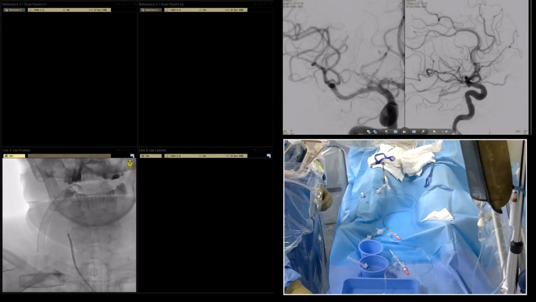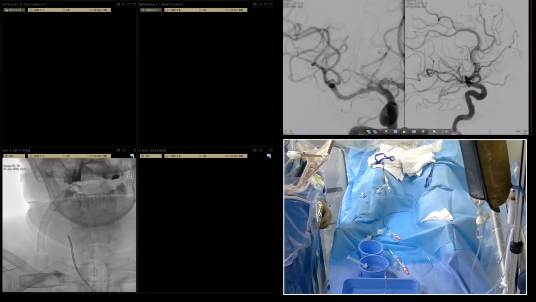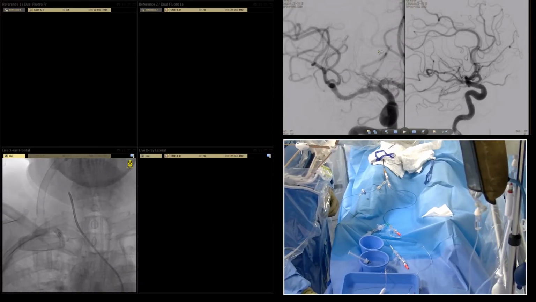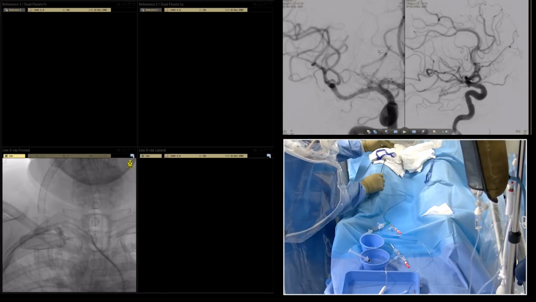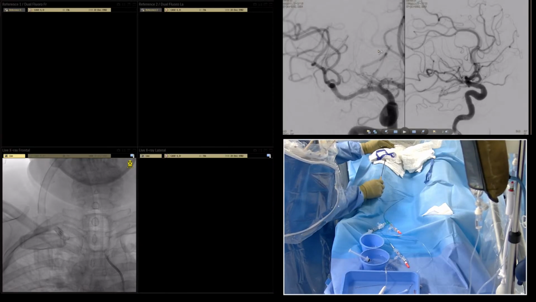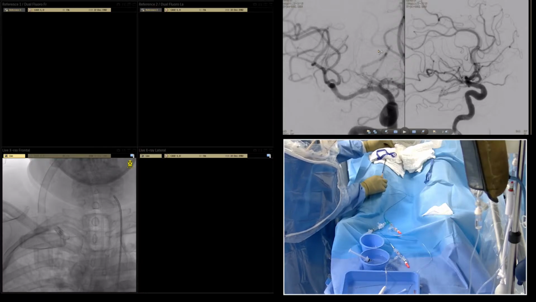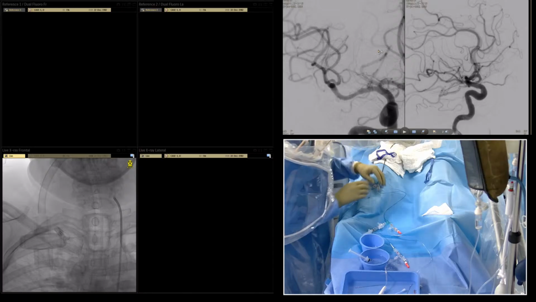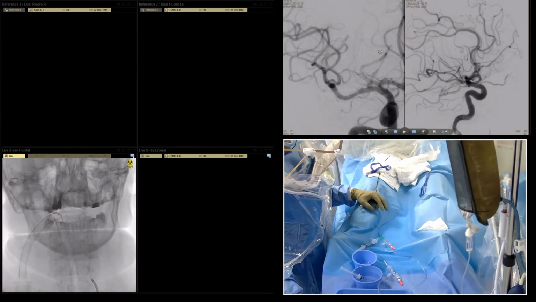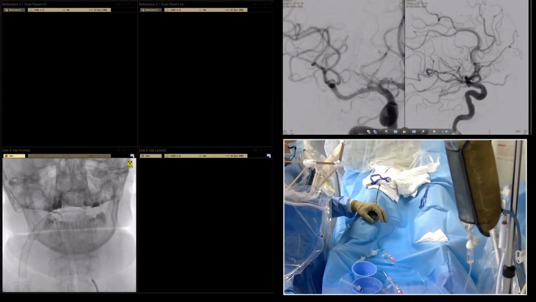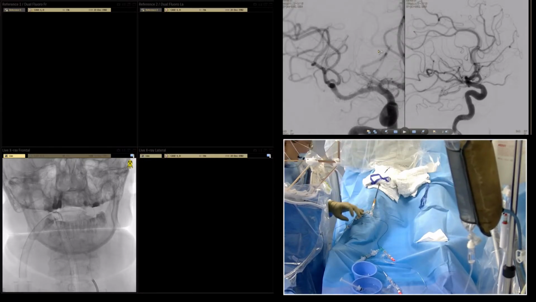Yes, it's a beauty of using tantalum-based liquid embolics. With the fill, it might be a little bit complicated, but with the squid it is okay.